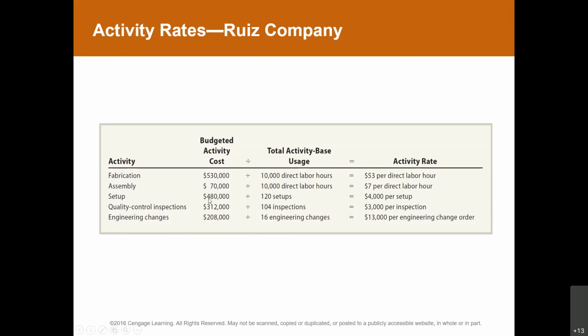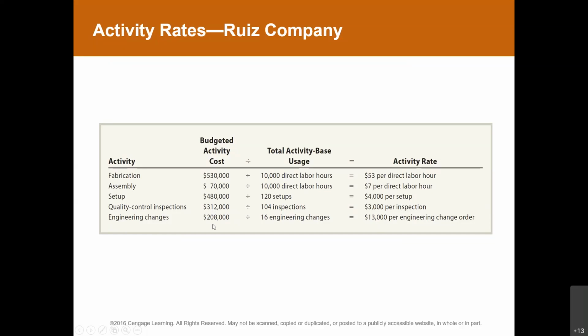For the setups, we allocated 480,000. We said there's going to be 120 total setups. That gets us to $4,000 per setup. For quality control, we allocated $312,000. We said there's going to be 104 inspections. That gets us to $3,000 per inspection.